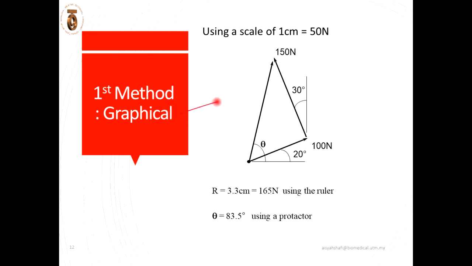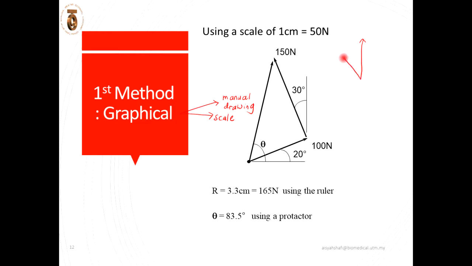Graphical for this one is manual drawing using a scale. So we rarely use this method, but this is one of the methods to solve for the resultant force. So by using this method, you need to draw based on the forces given in the question.